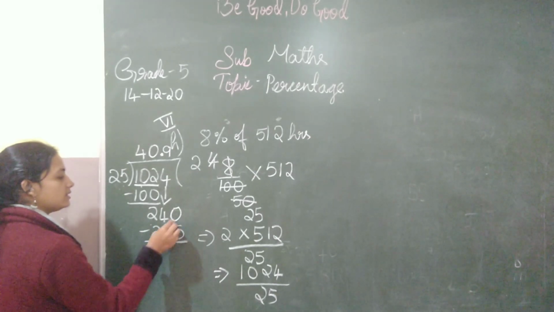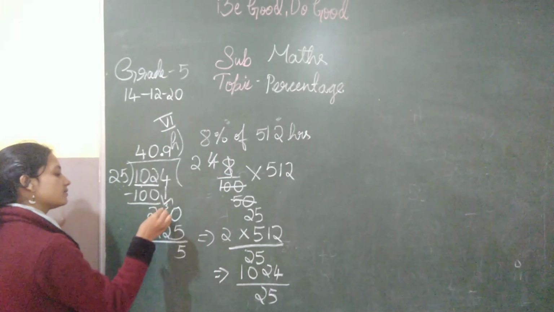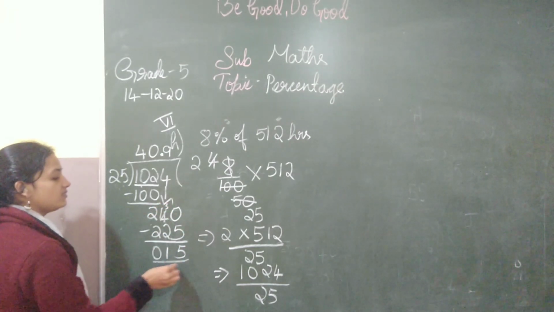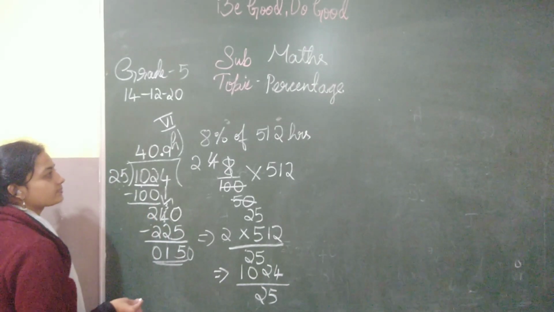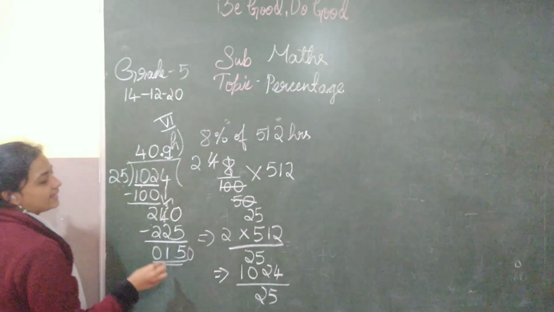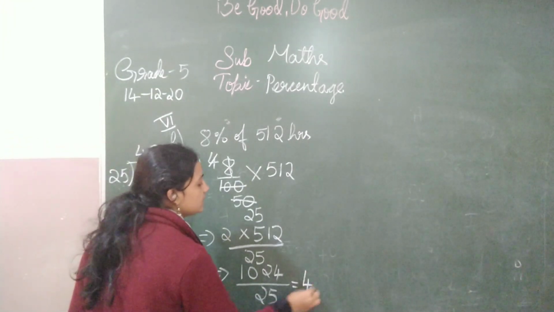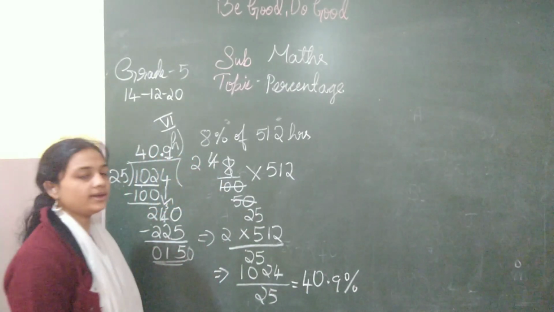So the answer will be subtracted. You get 15 and it keeps on going. So let's just stop it here. So when I take one decimal place, the answer would be 40.9.